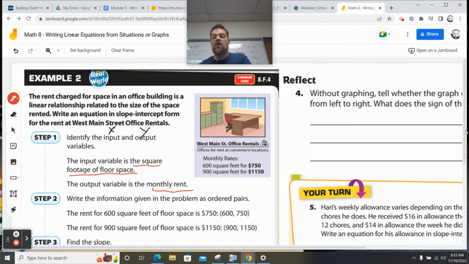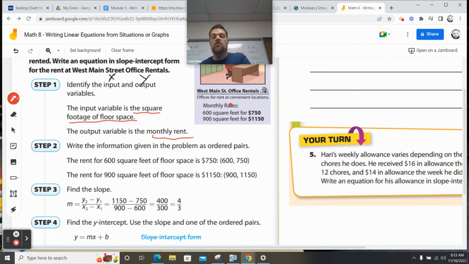Then it says to write some ordered pairs. They give us some information: this is an x value, this is an x value, this is a y value, this is a y value. If I label these x sub 1, y sub 1, x sub 2, y sub 2, then x sub 1 equals 600, y sub 1 equals 750.